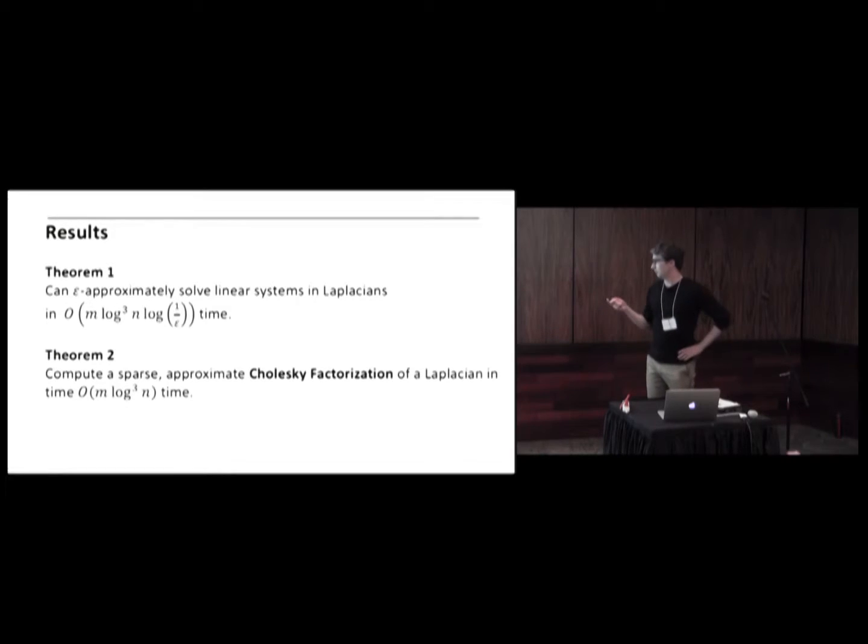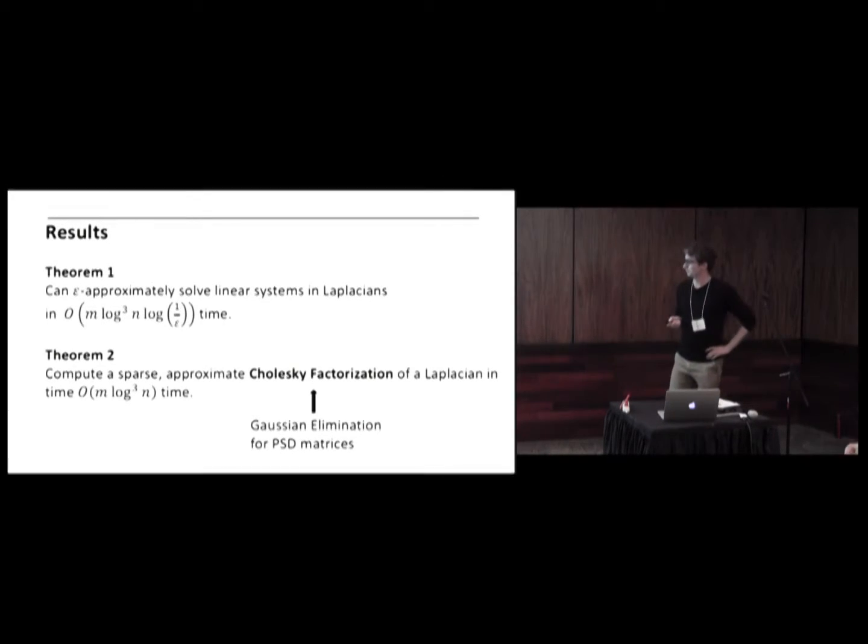Approximate Cholesky factorization is just Gaussian elimination, what we call it when we do it to a PSD matrix. And when we have this approximate Cholesky factorization, it'll then be very easy to solve linear systems. These notions of approximation that I'm talking about, we'll get to those, but they are the standard ones used in solver papers.